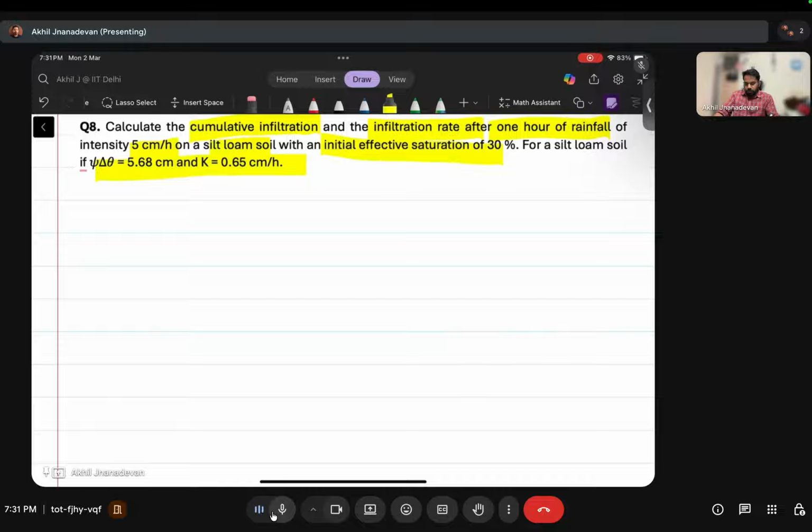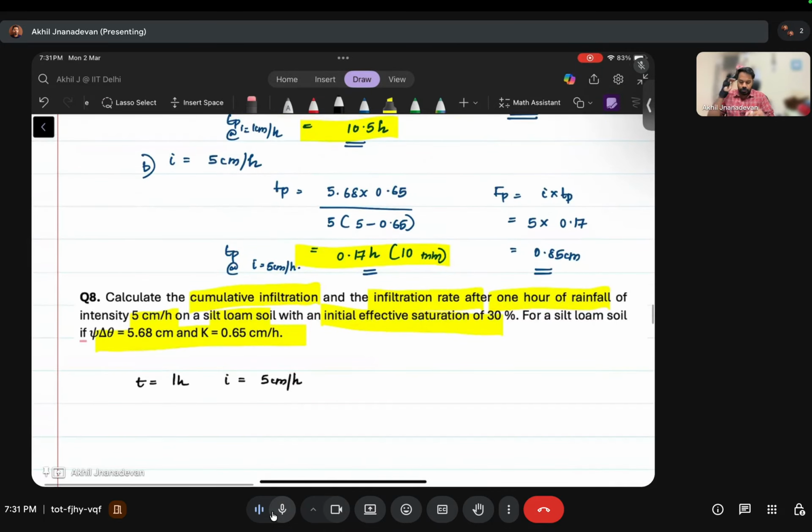So that delta theta is not required, and Se is not required. We already know psi delta theta. Here the time is equal to 1 hour and the intensity of rainfall is 5 centimeter per hour. We already saw the time of ponding for 5 centimeter per hour rainfall for this silty loam soil at 30% effective saturation was 0.17 hours.